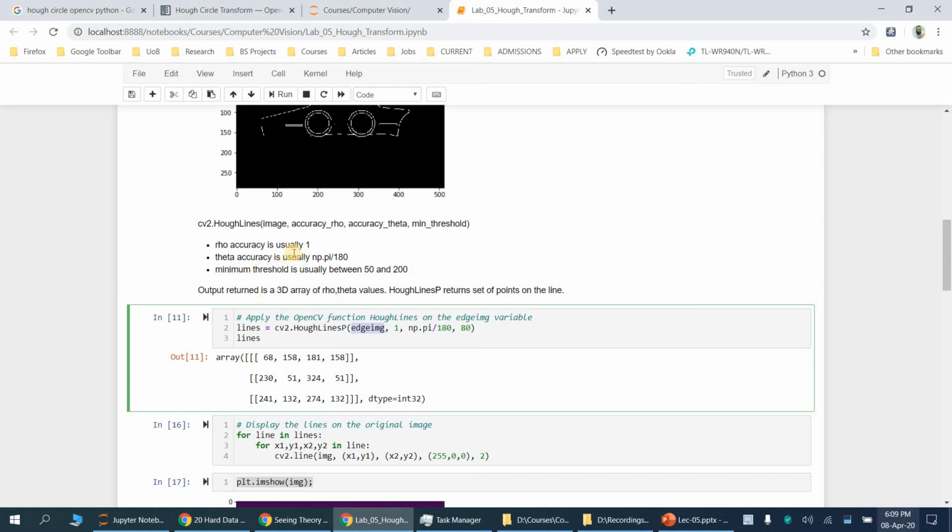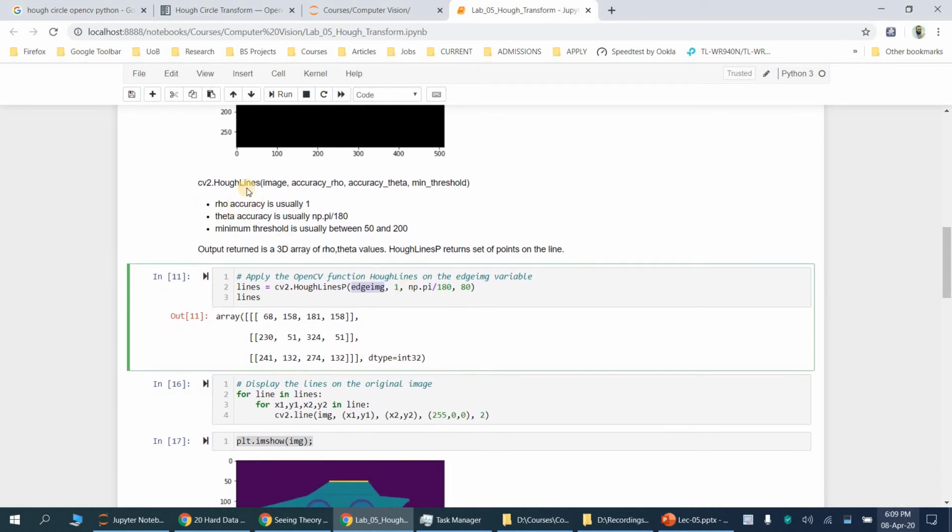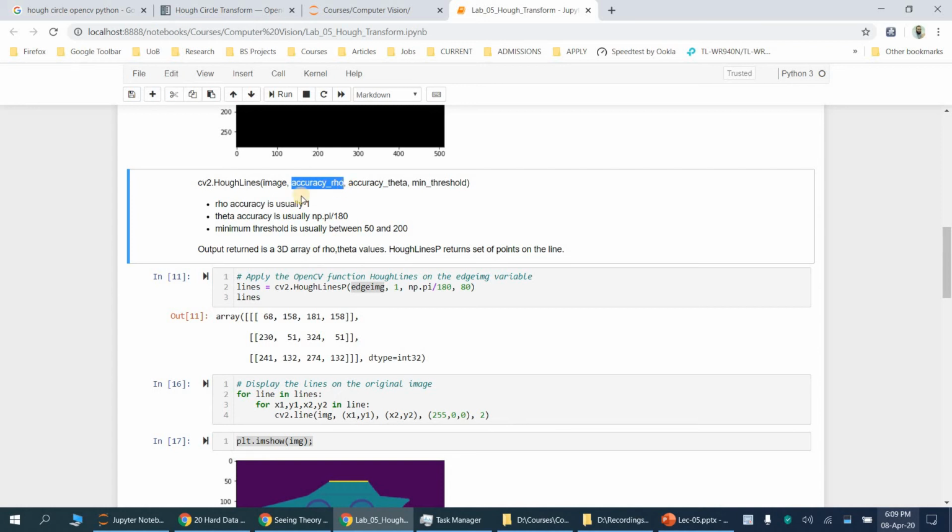These algorithms implement the polar representation, not the other one. The first argument here is rho accuracy, which means the minimum unit you can have for the rho value. Remember, rho is the length of the line that is perpendicular to your desired line.